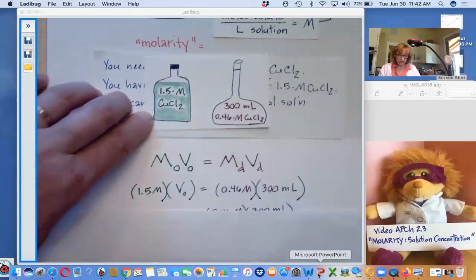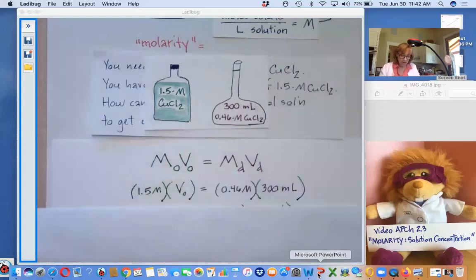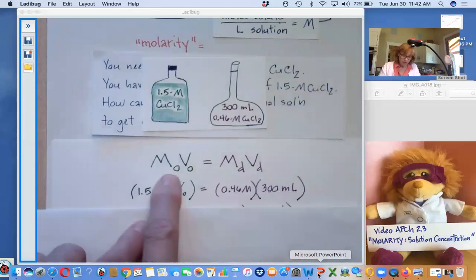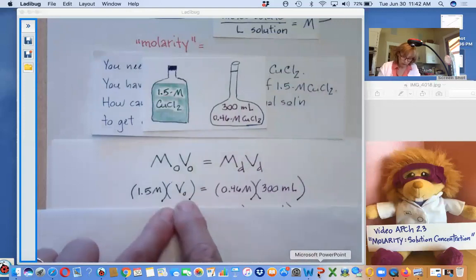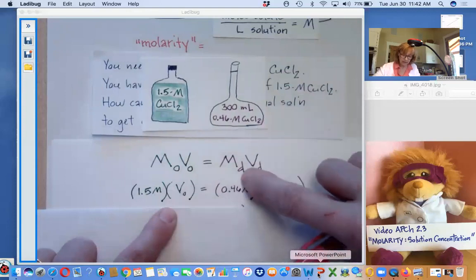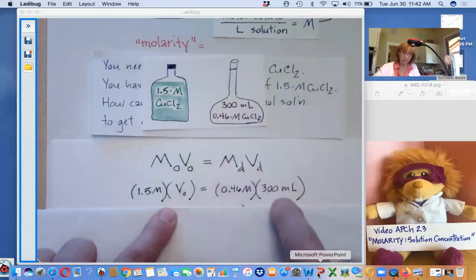Okay, so let's see how that works. In this problem, I had the molarity of the original. The volume of the original was what I was trying to determine. I knew the molarity of the dilution and the volume of the dilution that I wanted to make.